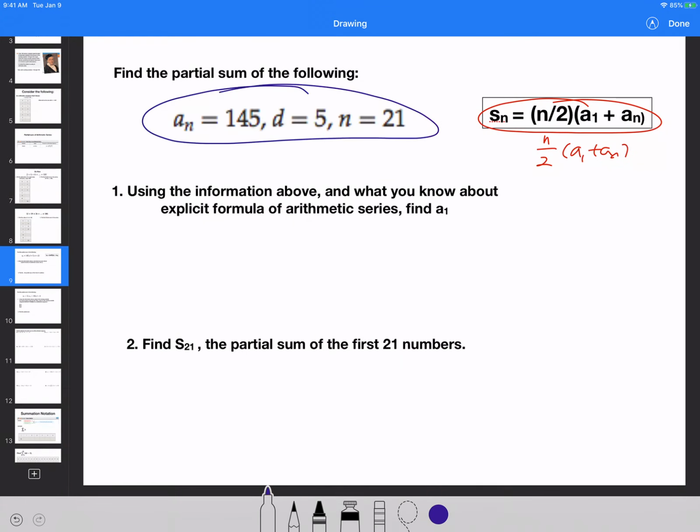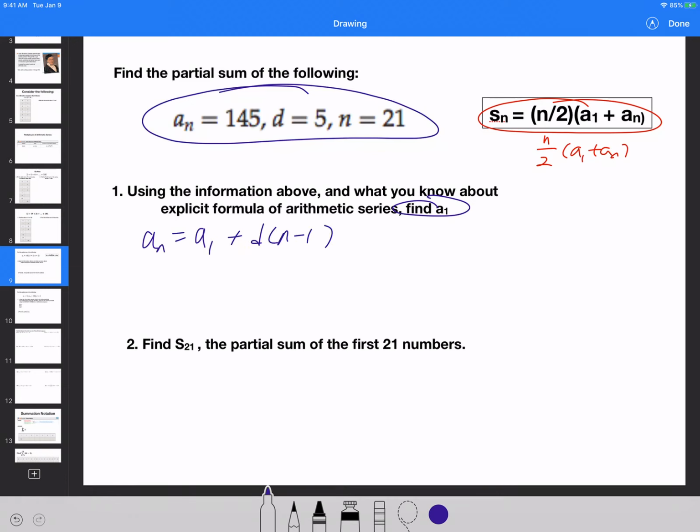If they give you, let's say, a partial sum where a sub n is equal to 145, the common difference is 5, and the n value is 21, using the information above and what you know about the explicit formula of arithmetic series, find a sub 1. So a sub n is equal to a sub 1 plus common difference times n minus 1. That never changes.